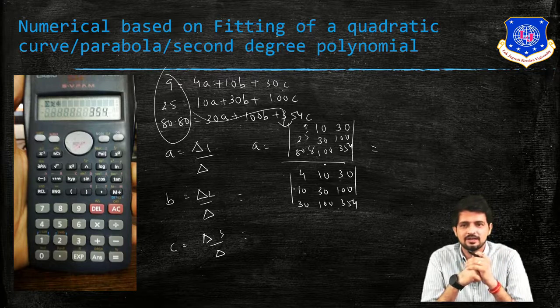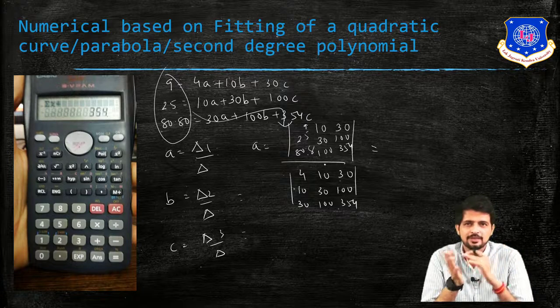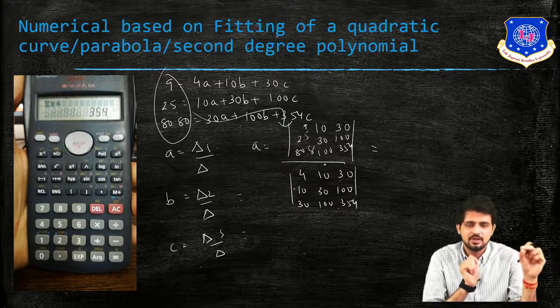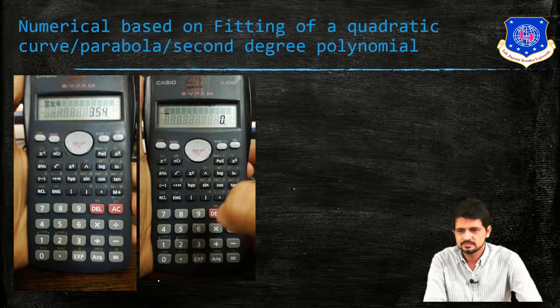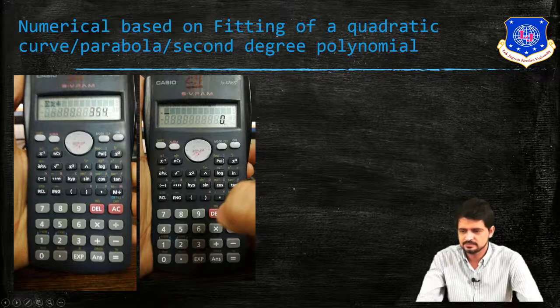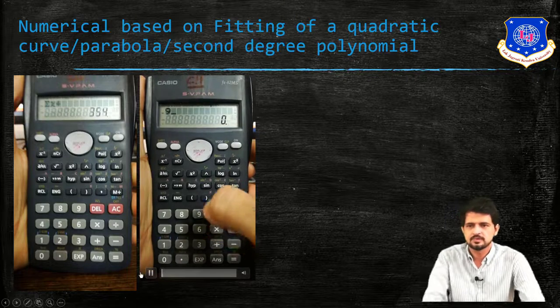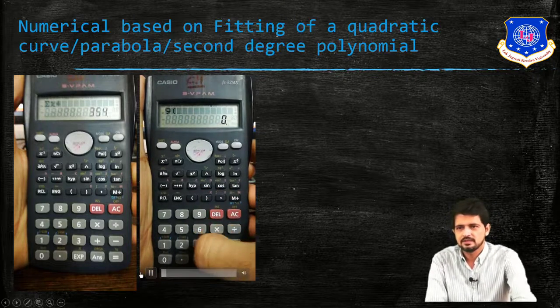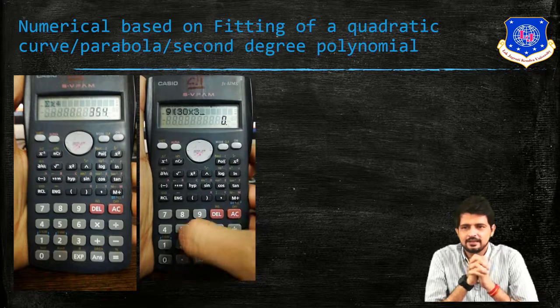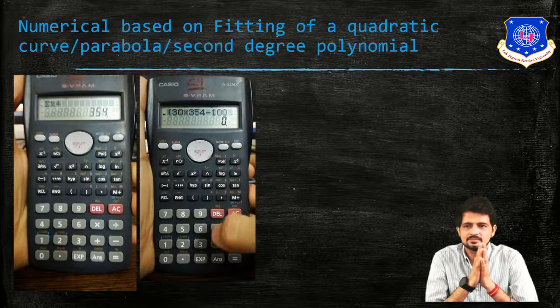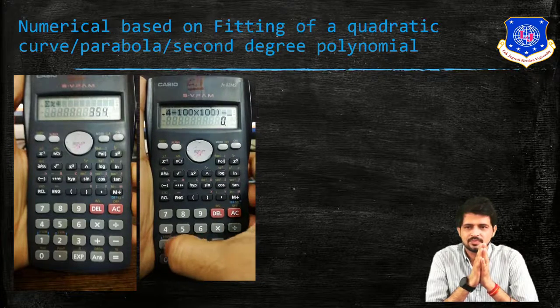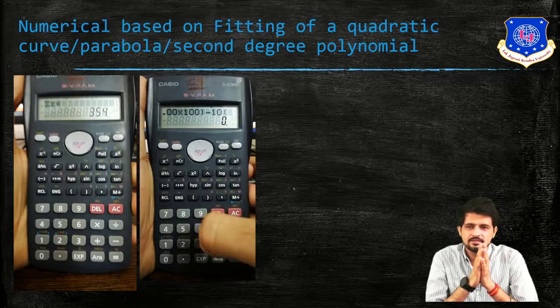We have one more trick in which you can solve the whole determinant in a single step. By using proper brackets you can solve the whole determinant in one step. You can see in this video how we are finding that. See, 9 into 30 into 354 minus 100 into 100, bracket complete, minus b.